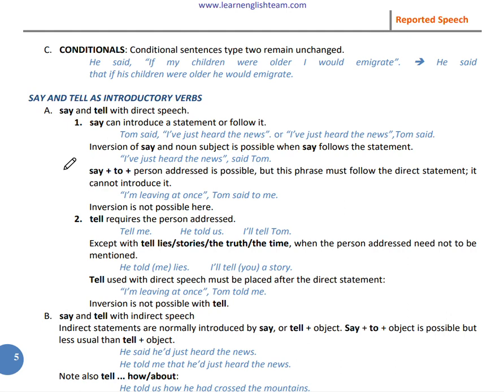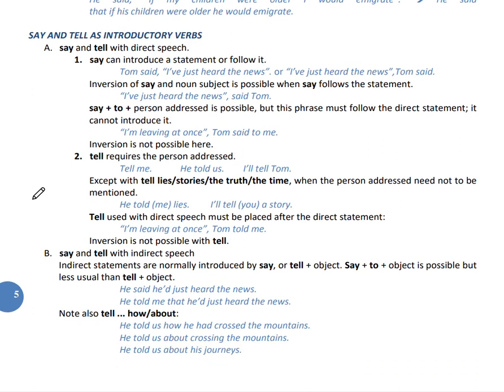Right? Okay? All right? And except with tell lies, stories, the truth, the time, when the person addressed need not be mentioned. He told me lies. I'll tell a story. He told lies.